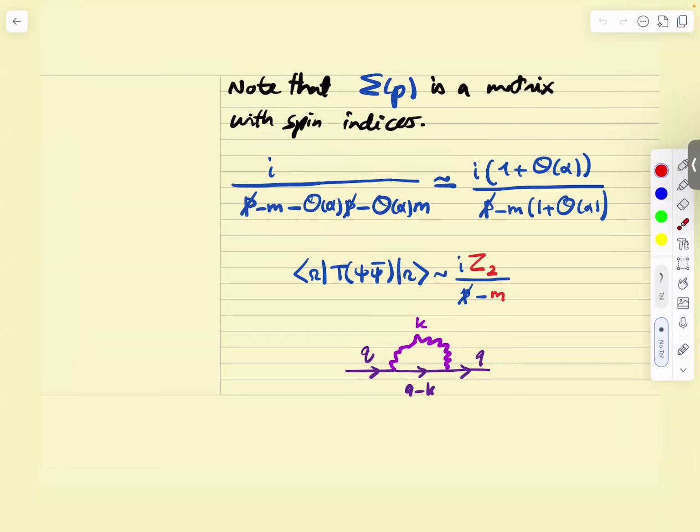All right, now it's important to realize that the sigma of p is a matrix with spin indices because we're dealing with fermions, right? What we're calculating is the order alpha corrections. Alpha is e squared, right?